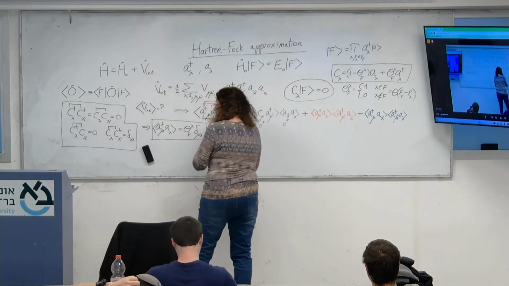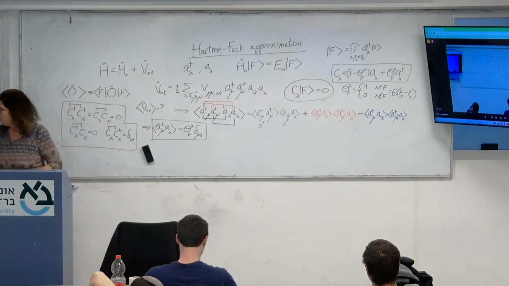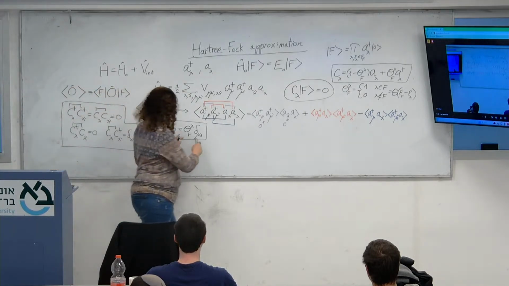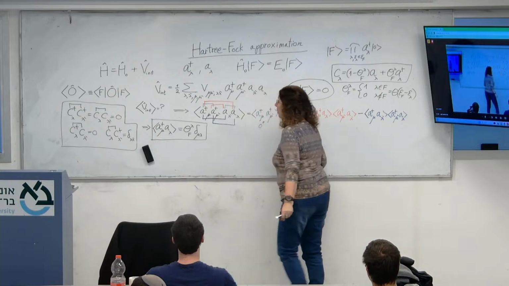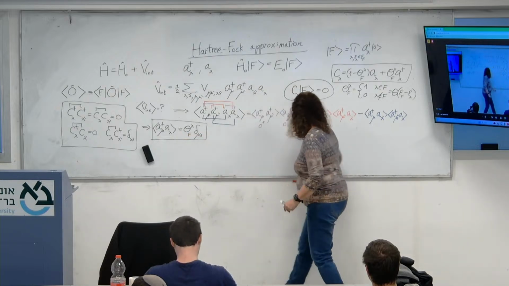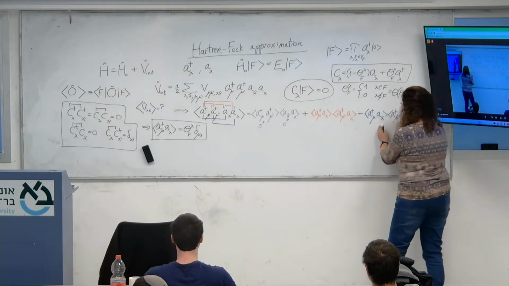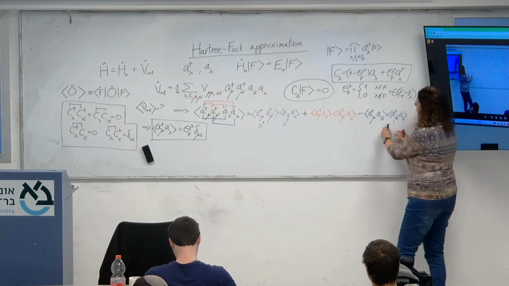Now, I also want to give names to, so I have actually now to implement this rule on the two terms that I got that are non-vanishing.